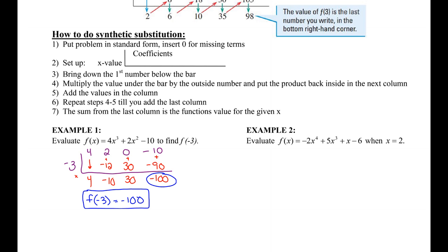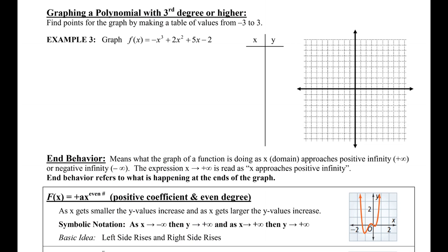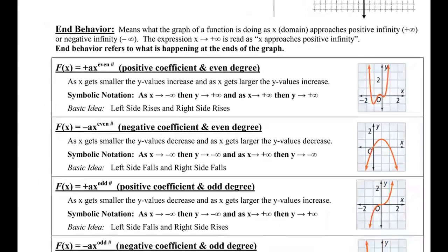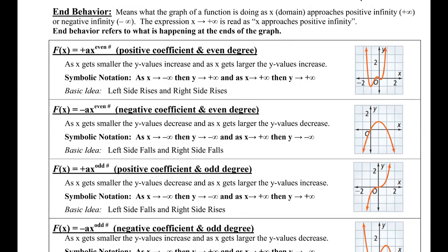Please try and do example 2 on your own. We're going to look at graphing a polynomial with a third degree or higher in class, so skip down to the part about end behavior. End behavior means what the graph of a function is doing when x, your domain, approaches positive infinity or negative infinity.